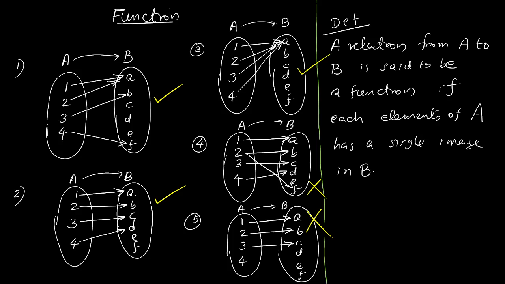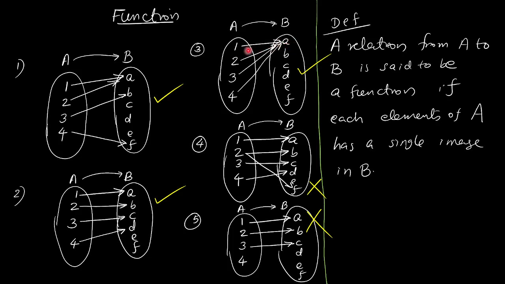Sir, can you explain the third case once again? Last case? No, sir, the third one. Third one, okay. 1 has how many images? One, sir. What is the image of 1 in A? 1 has only a single image.